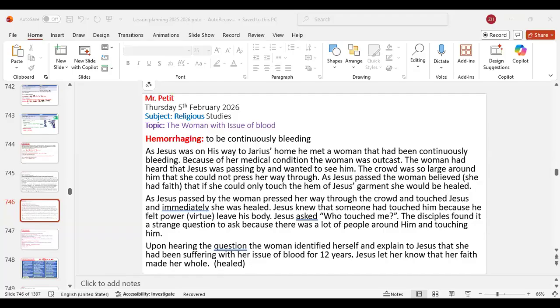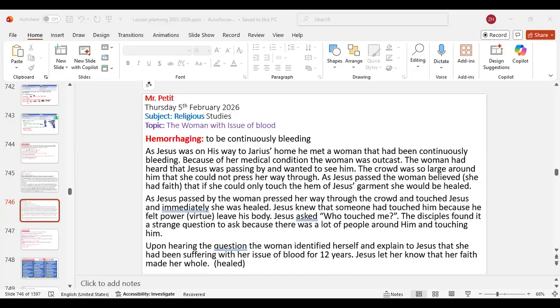The question says, why did the disciples find this question strange? Oh, because many people were touching him. Yeah, but what I was asking is, if many people are touching him, why did he feel power all of a sudden when the woman touched him? Well, I know she had a condition, so she had to get healed. But why only her? That sounds really confusing.